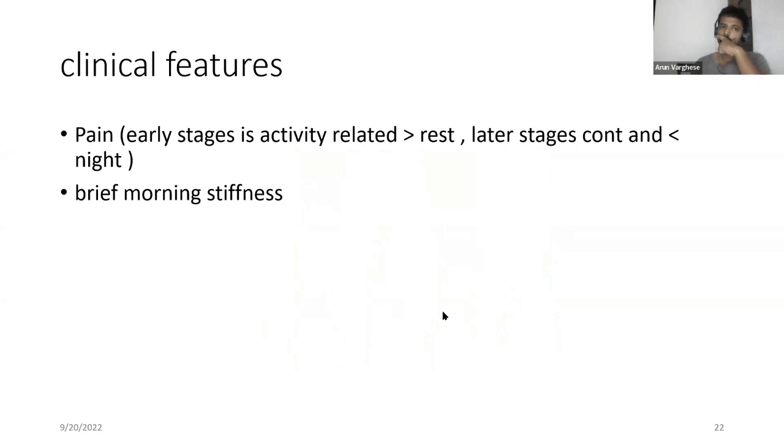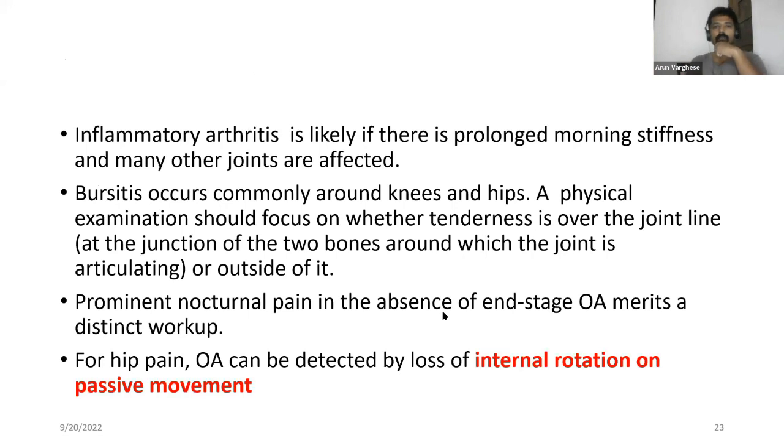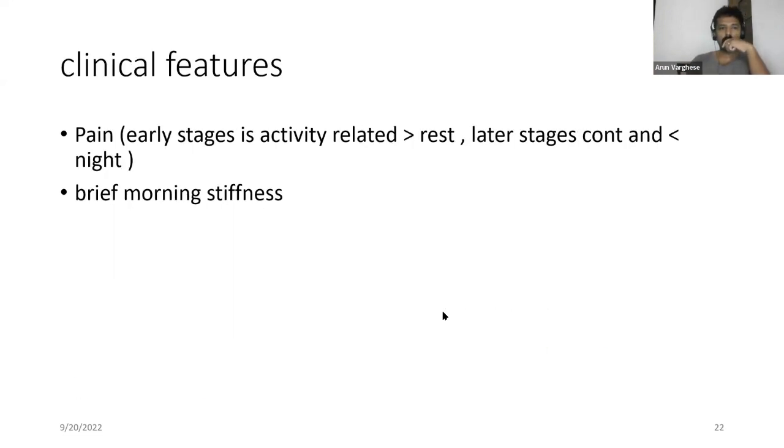When comparing with other causes, particularly inflammatory arthritis, we find brief morning stiffness. That means within 20 minutes the stiffness will be gone. With more than 20 to 30 minutes, you are going to suspect inflammatory arthritis, which means not OA.